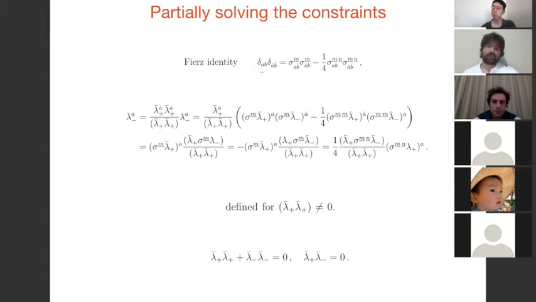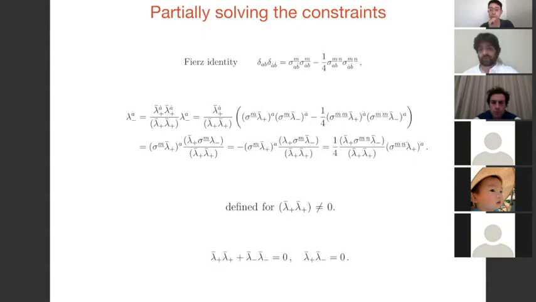So the way it was constructed, you can write this lambda A minus, just using this Fierz identity, some manipulations, only symmetries of this matrix, and you see that you can write this lambda minus as a function of lambda plus.